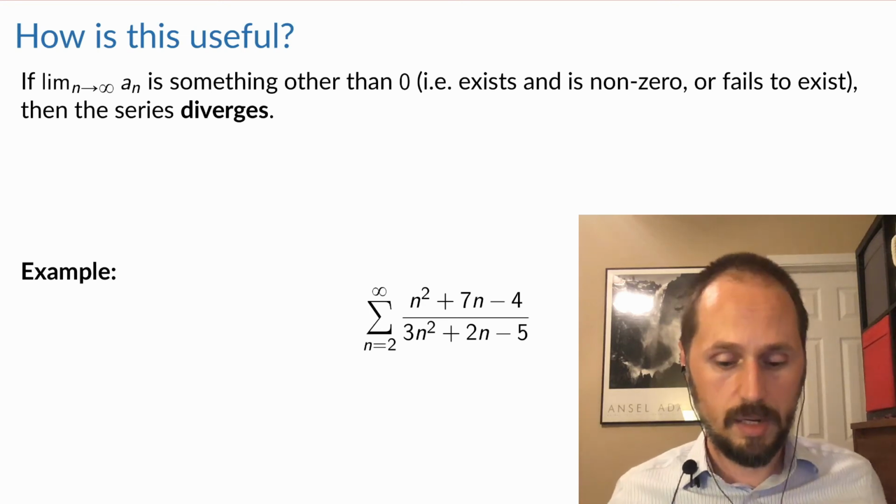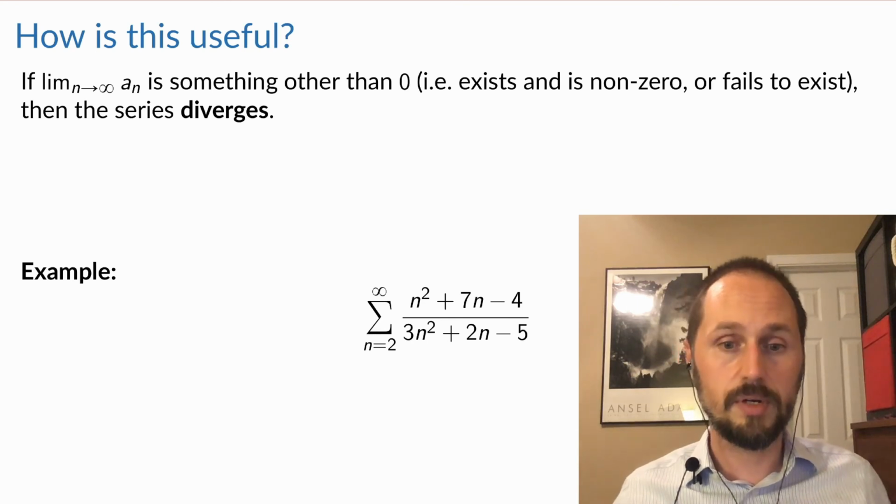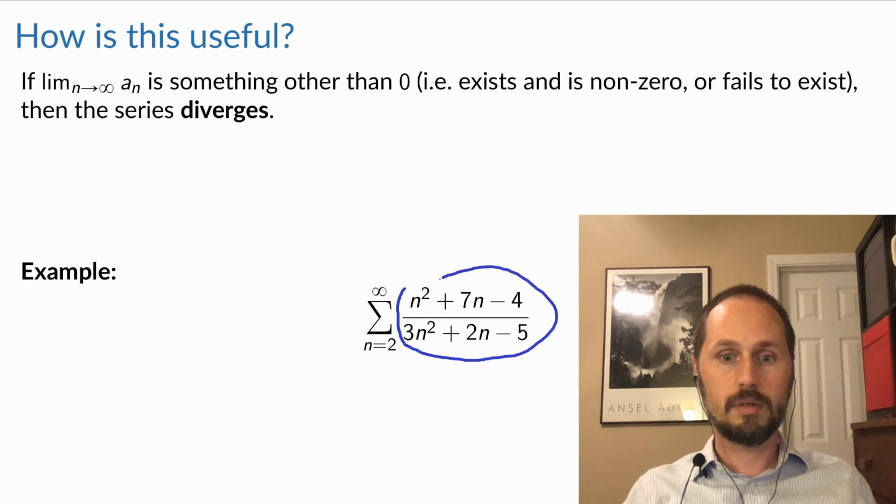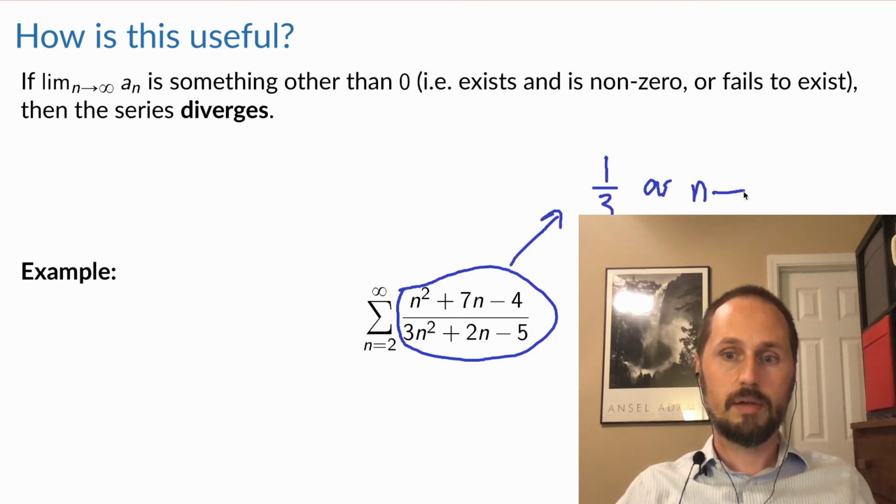Okay, so let's give an example here. So here we have this example. It looks terrible, but we look at it and we see, oh, look, the limit of this expression as n goes to infinity, that thing converges to a third as n goes to infinity. So the series diverges.